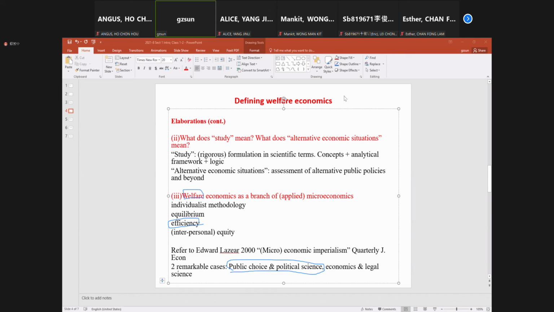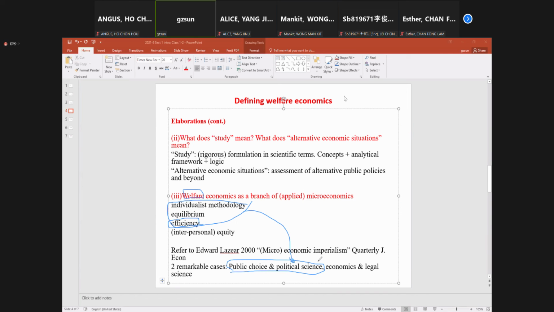The basic idea is they apply the 3 things together. The 3 theories, 3 concepts are completely coming from economics. It's entirely economics products. And they apply this idea to study political science.